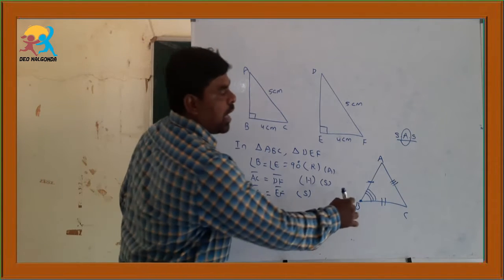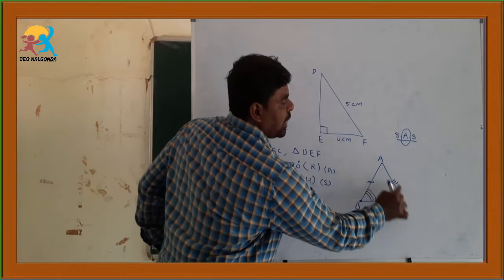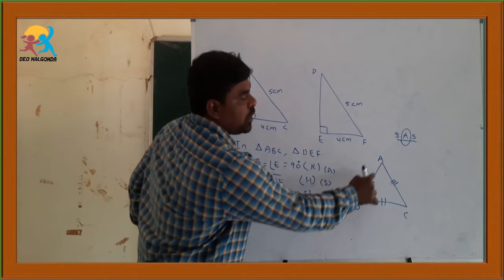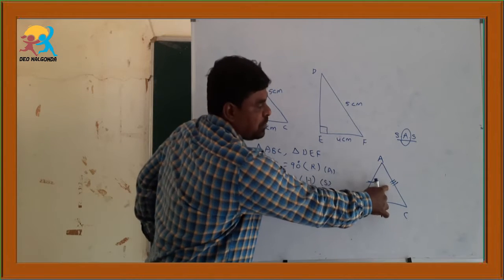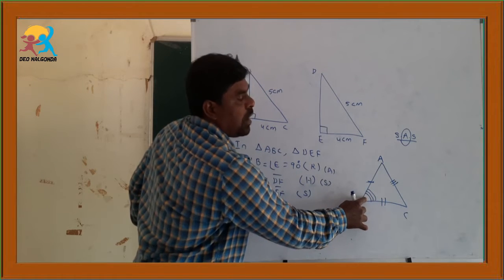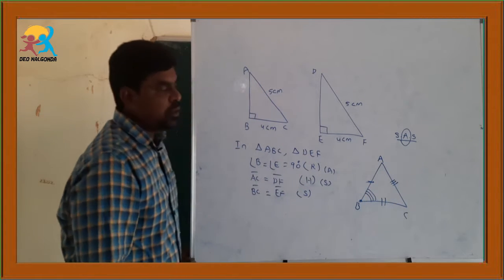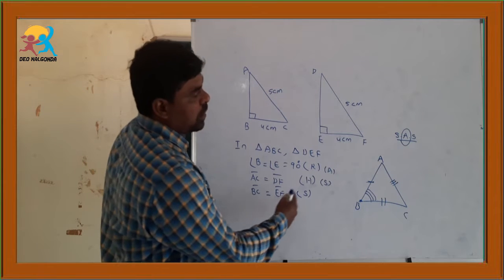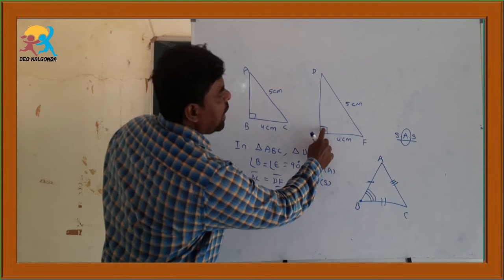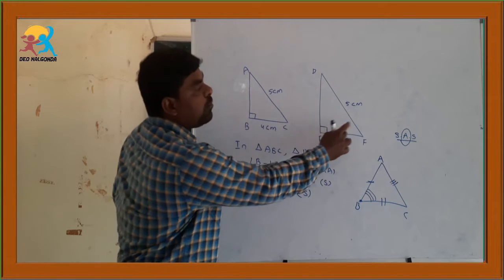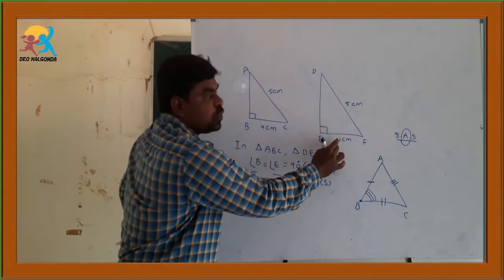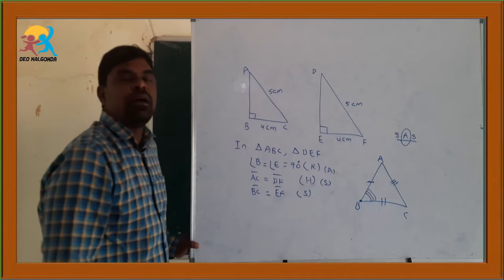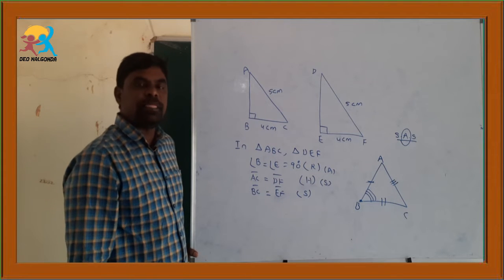So, the angle opposite to AC side is angle B. AC having three lines, that is why its opposite angle also has three lines. So, that is the fundamental thing. Here this angle is not formed between the two sides, so we should not use the property SAS.